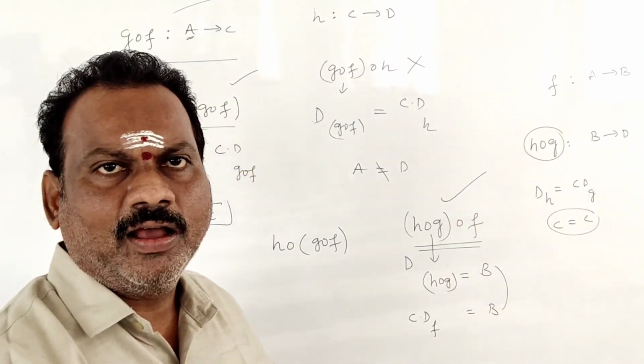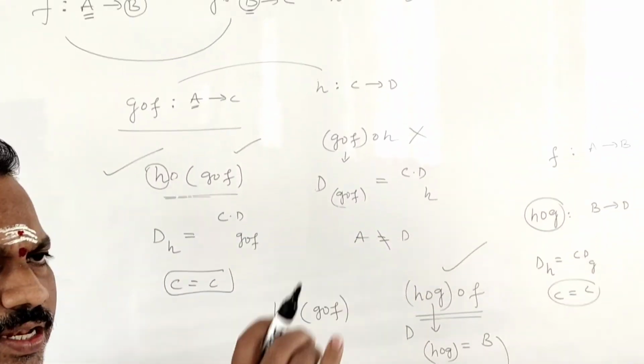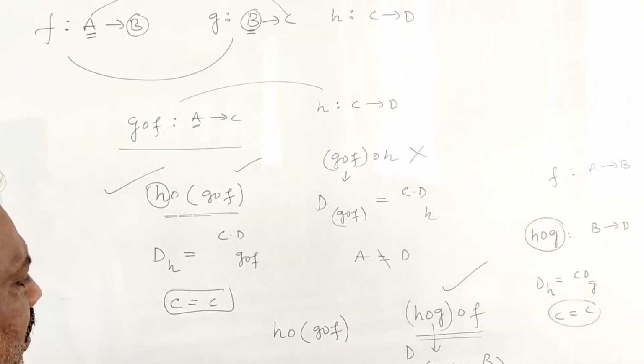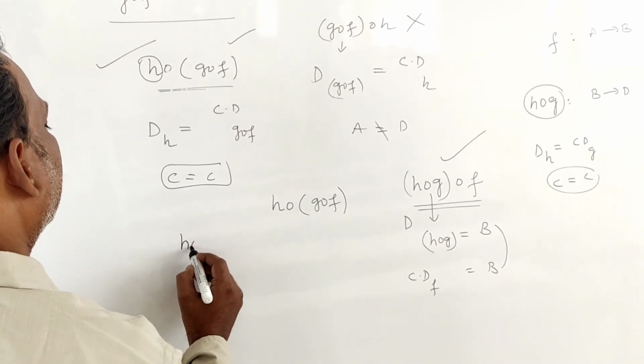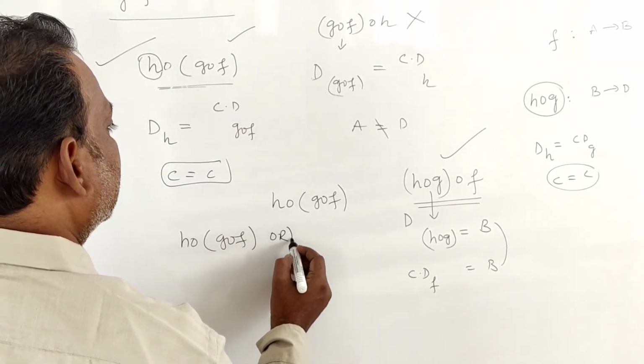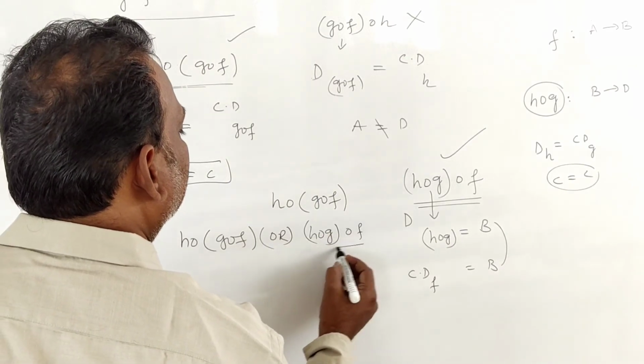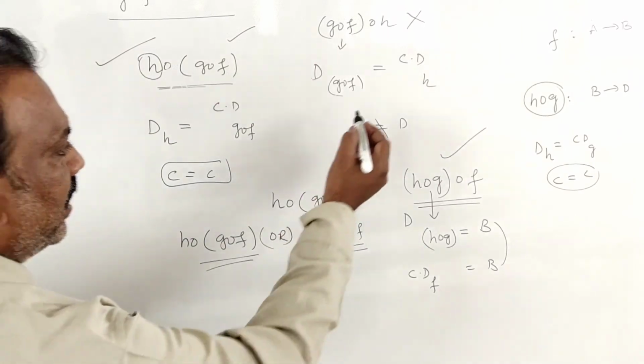So the composite function of F, G, H means the possibility is always H circle of G circle F or H circle G circle F. These two are possible. I checked here.